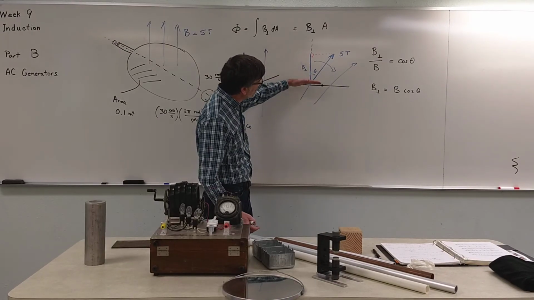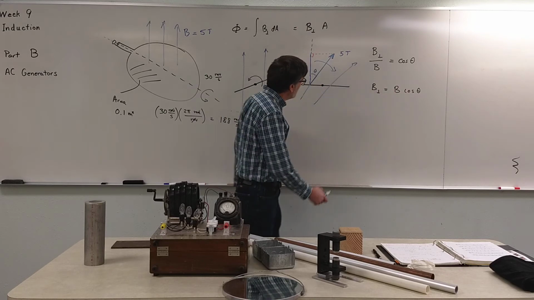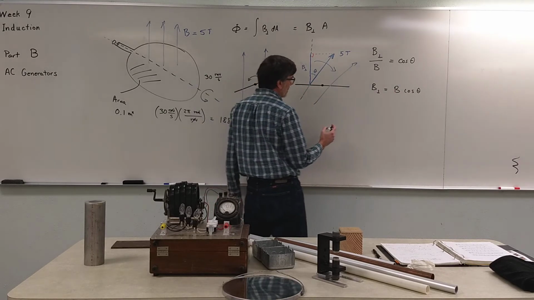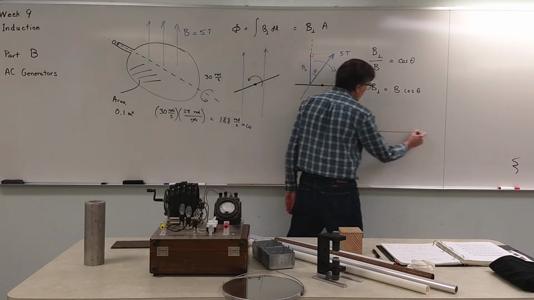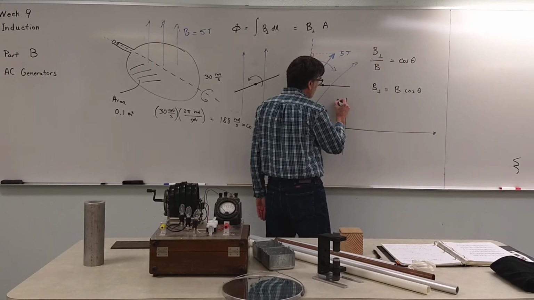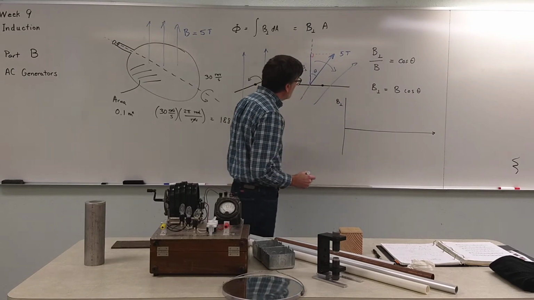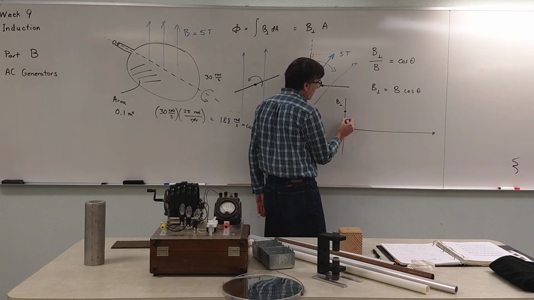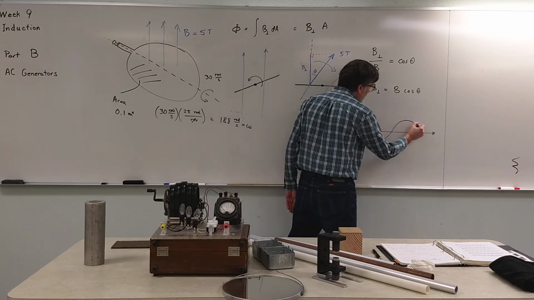You see that as this sweeps, the theta is going to keep increasing, and you can imagine that if we were to make a graph of just the B perpendicular, say we start at the moment when the B field is the full value up here, then it's going to do something like this.